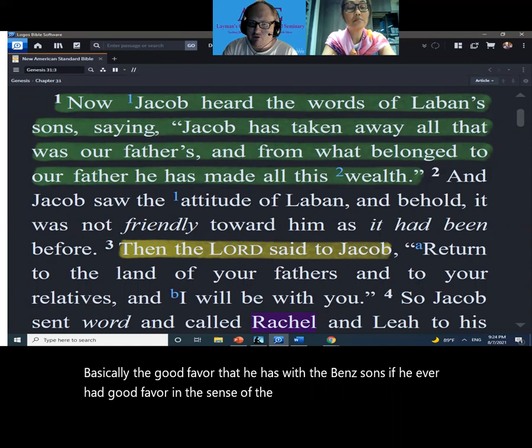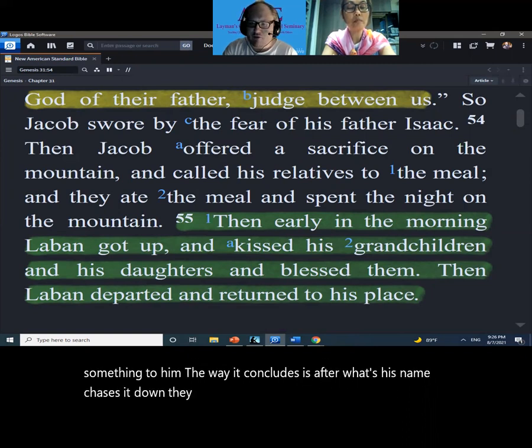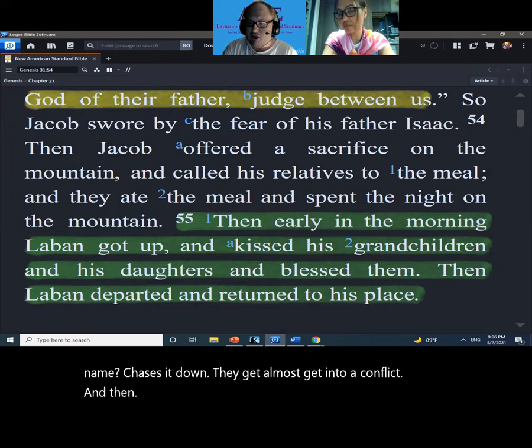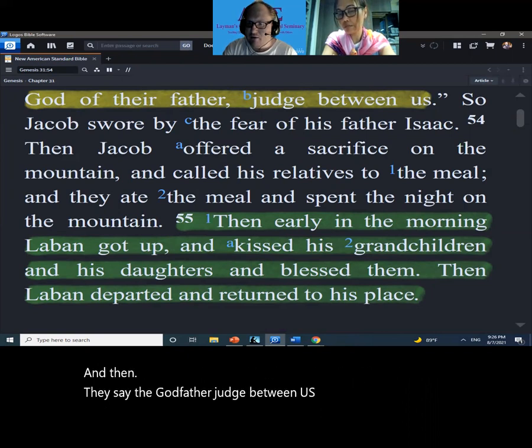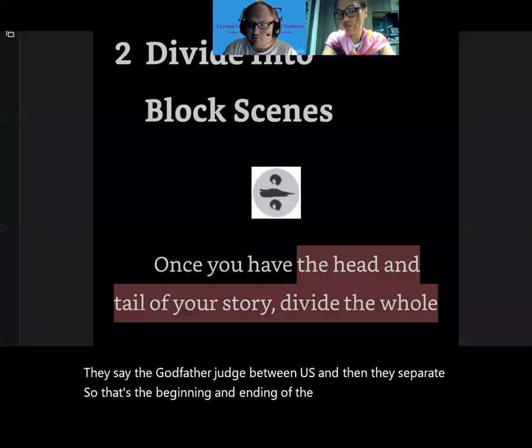And then the Lord reveals something to him. It concludes after Laban chases him down, they almost get into a conflict, and then they say the God of the Father judged between us, and then they separate. So that's the beginning and ending of the Genesis 31 story.